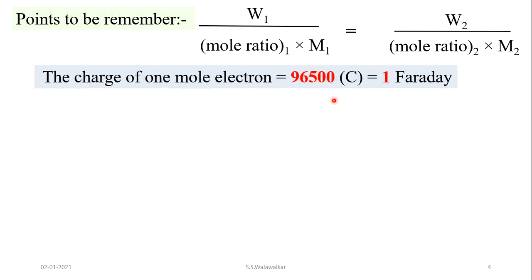And if the question is asked like this, that is, how much electricity in terms of Faraday is required to deposit a particular substance, say 20 grams or x grams of a substance, then you can use this relation: 1 Faraday is equal to 96,500 coulombs, and that corresponds to the charge of 1 mole of electron.